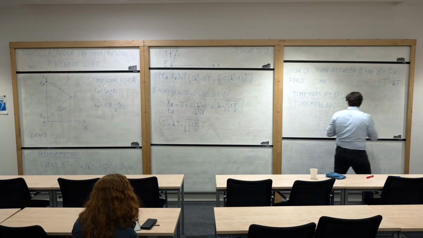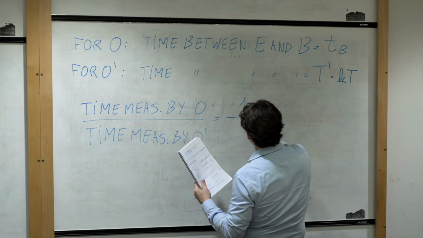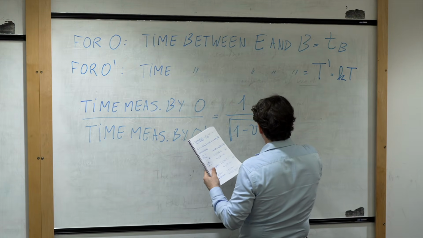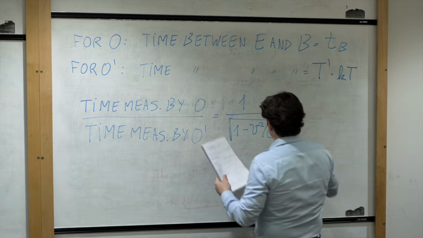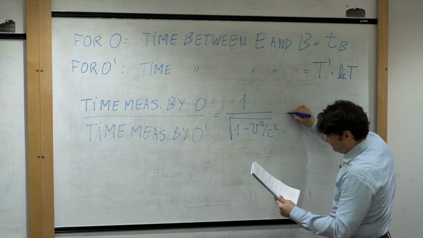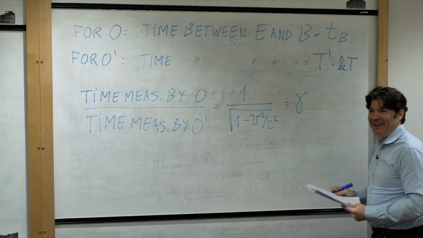And what we find very nicely is that it's 1 over the square root of 1 minus V squared over C squared. And this is just gamma. Okay?